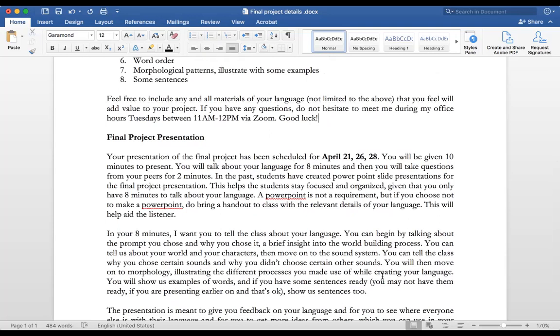In the past, students have created PowerPoint slides. It really helps for people to visually see your language, your sound systems, character sketches, if you're good at illustrations. I've had a couple of students in the past who are graphic design people, so they've created their own characters, and all that. You don't need to draw it.